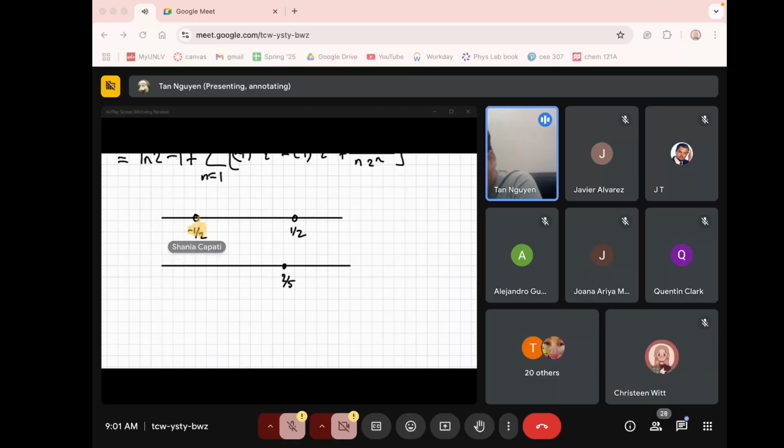Okay. What about -2/5? Where's -2/5? To the left of -1/2 or to the right of -1/2? So you're saying that -2/5 is here? Somewhere here?